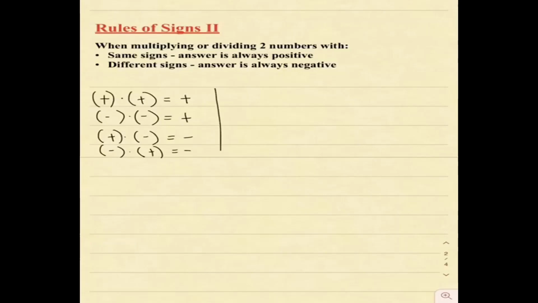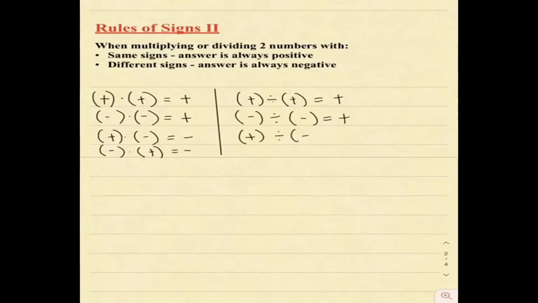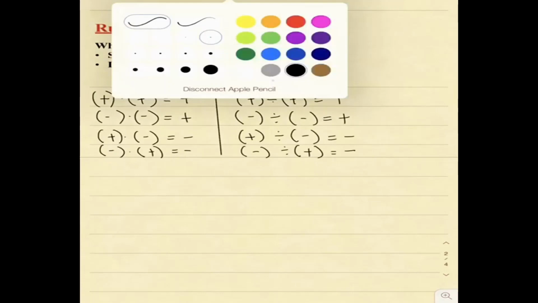The same thing with a division. When you divide positive by a positive, the answer is going to be positive. When you divide a negative by a negative, the answer is going to be positive. When you divide a positive by a negative, the answer is going to be negative. And when you divide a negative by a positive, the answer is going to be negative.